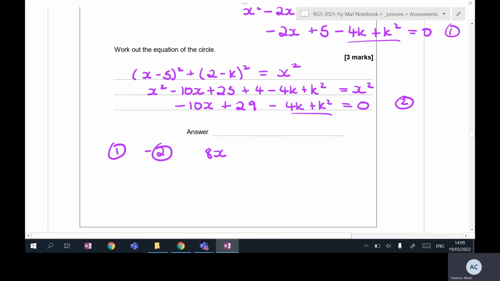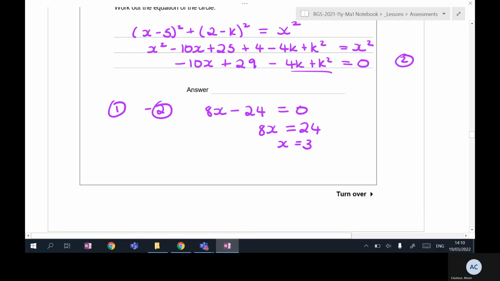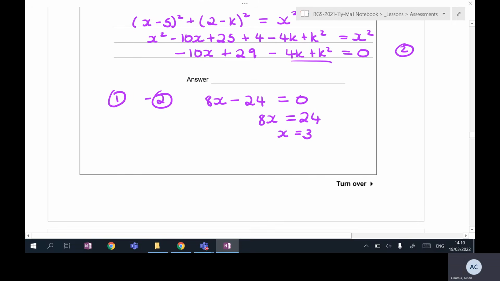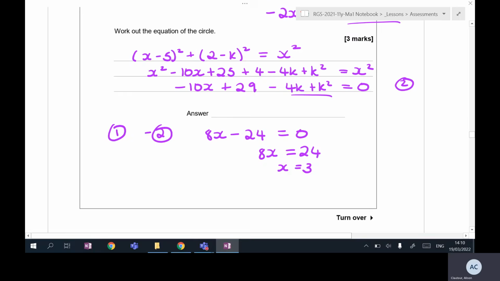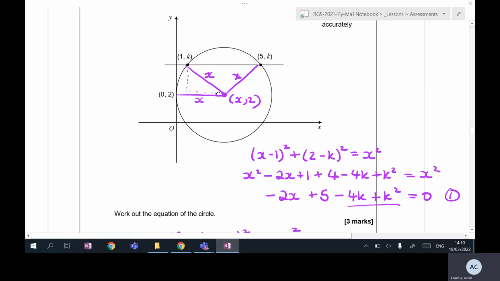I've got 5 minus 29, so I've got minus 24. All the other terms are going to cancel out, so minus 4k minus minus 4k, k squared minus k squared, 0 minus 0. So I've actually got 8x equals 24, and my x coordinate is 3. Okay, so I've now got my centre, so I know my centre is (3, 2).